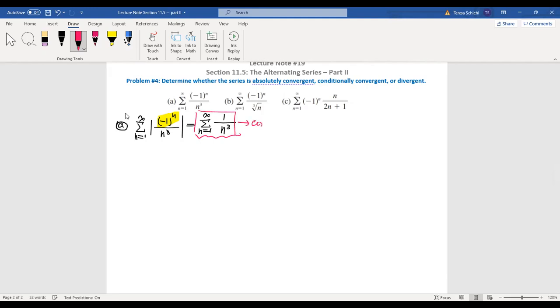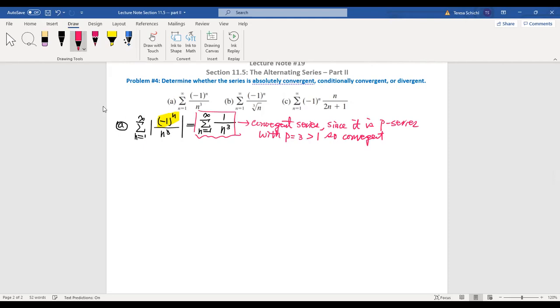This is a convergent series. Why? Because it is a P series with P equal to 3, which is greater than 1, so convergent. Right, so this is the P series.